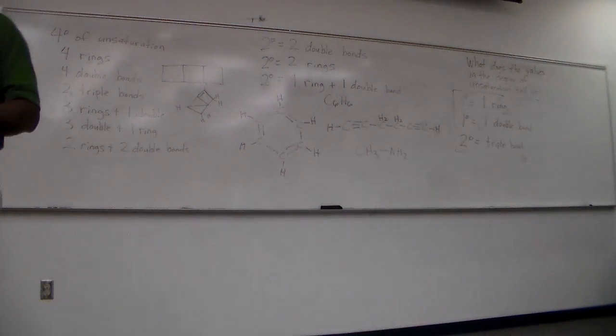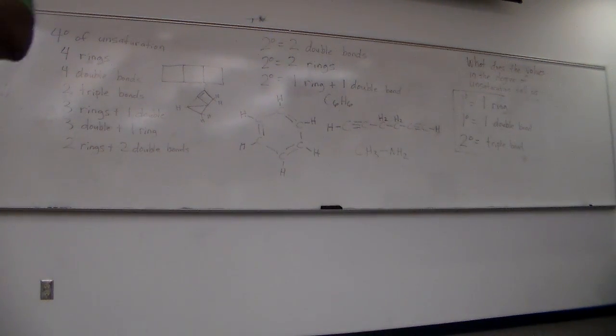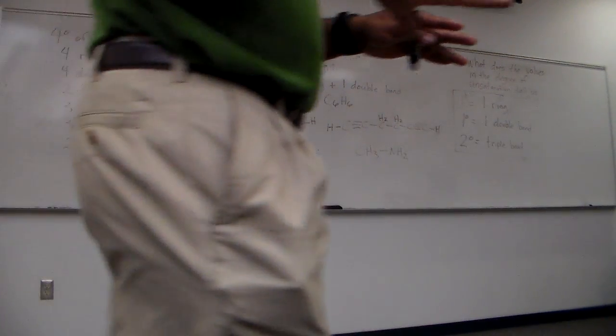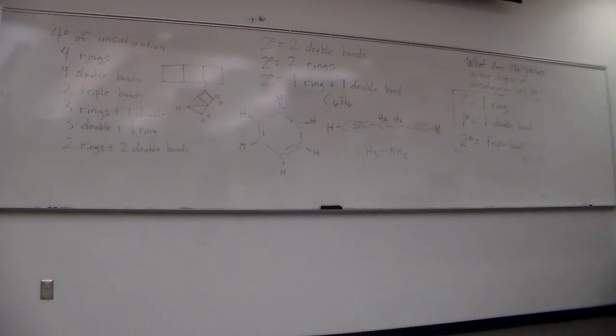As far as exam number one goes, there is no degree of unsaturation on that one. Send me some more questions about degree of unsaturation, and I don't want to pound it on you right now at the last minute. So no degree of unsaturation. We'll have naming, drawing, and giving a couple of different structures of the same molecular formula.